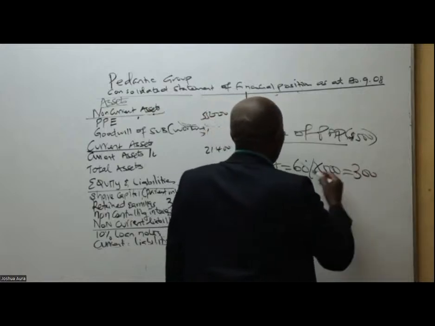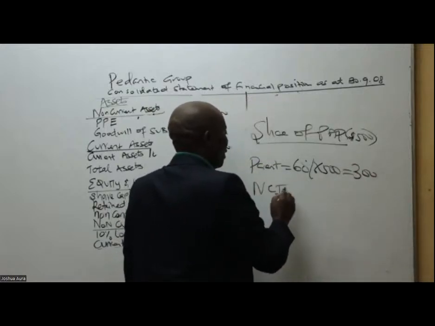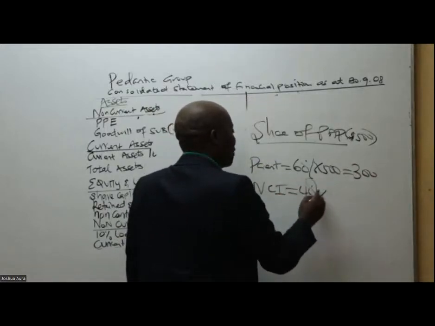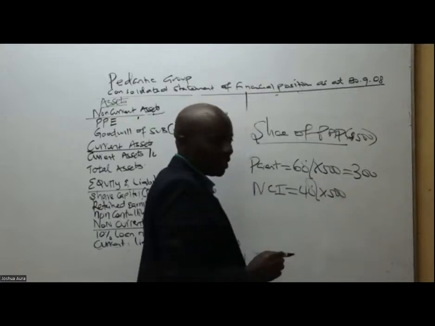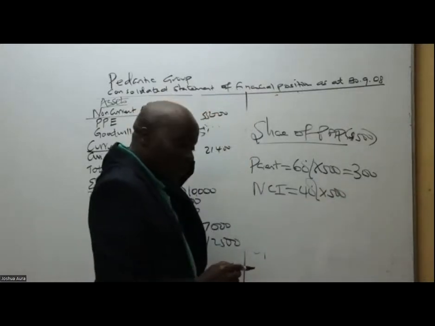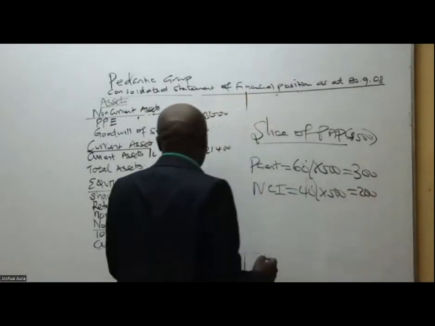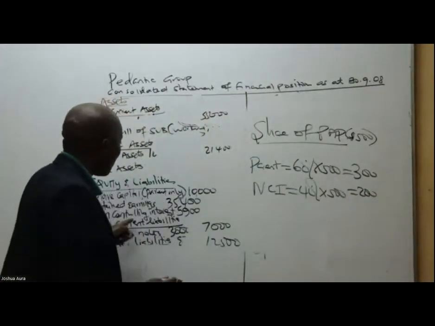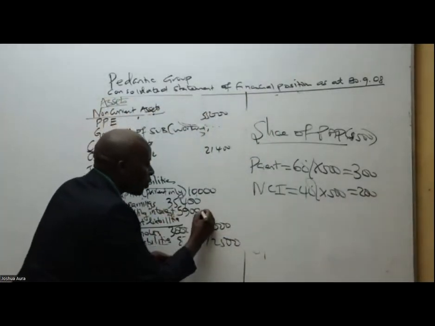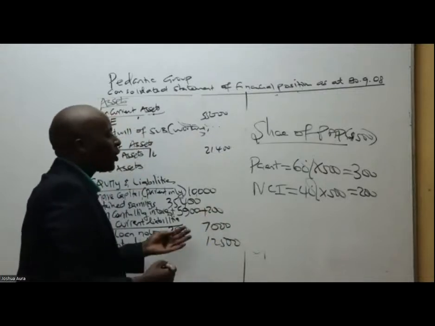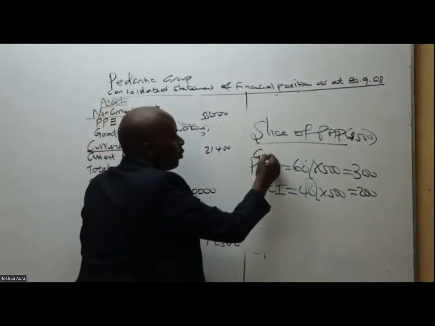Thank you so much. And then we have NCI. If you're able to remember the percentages, NCI is 40%. So 40% of 500 gives me 200. Come to your balance sheet where you are seeing NCI, give them their share, plus 200. Where you are seeing parent, of course, parent is the group share.